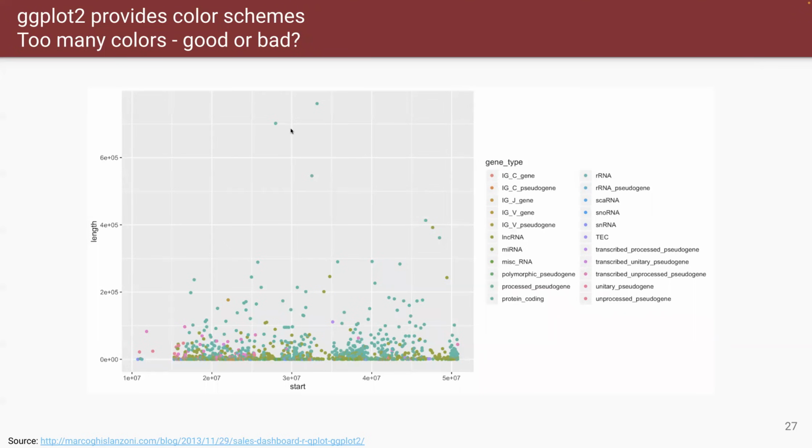If you look at this plot, you can't really see which gene type is located where, right? And some gene types like miscellaneous RNA, pseudogenes, or protein coding genes are, in terms of function, very different genes, but you cannot distinguish the colors between them, right?